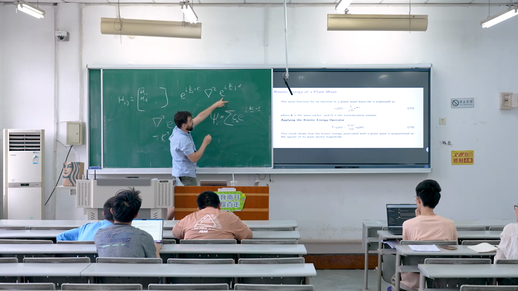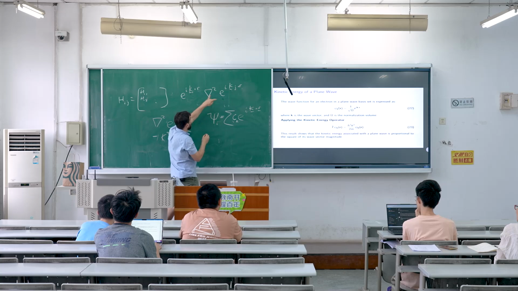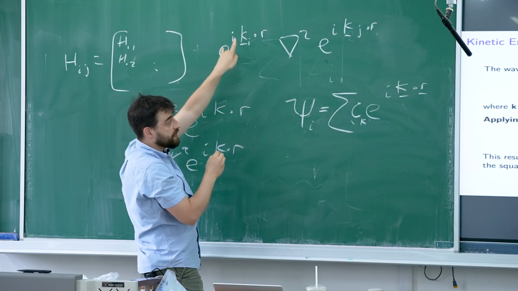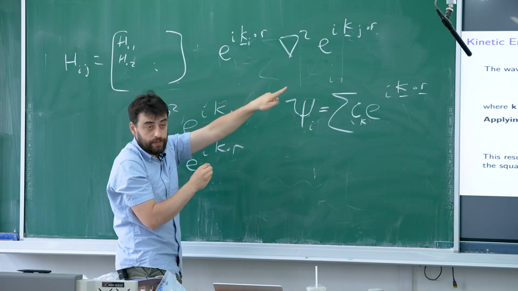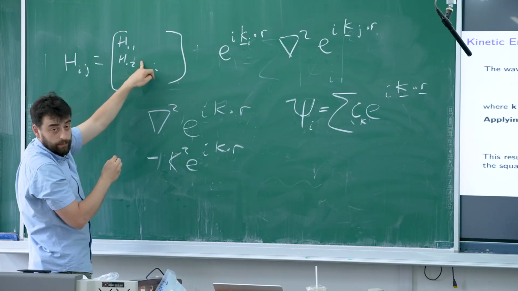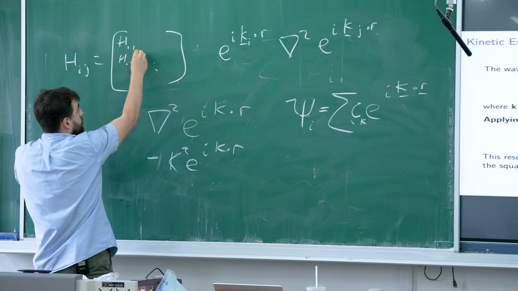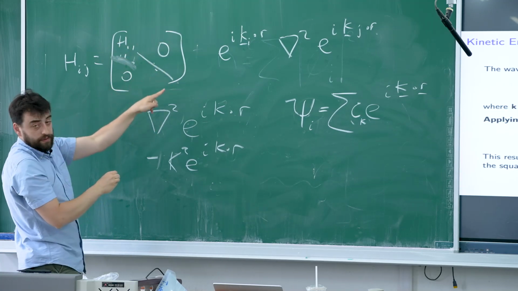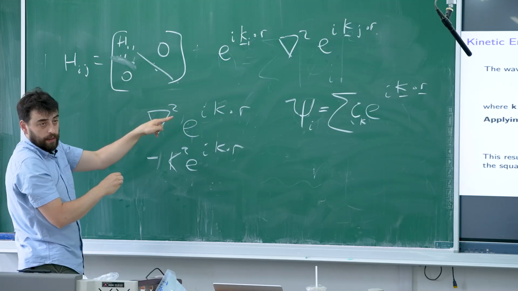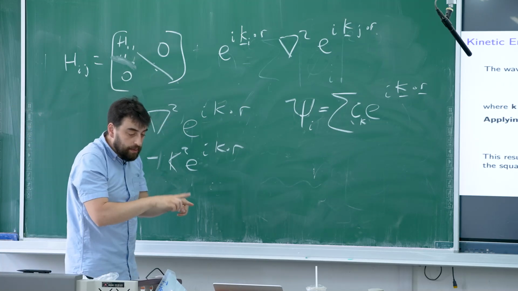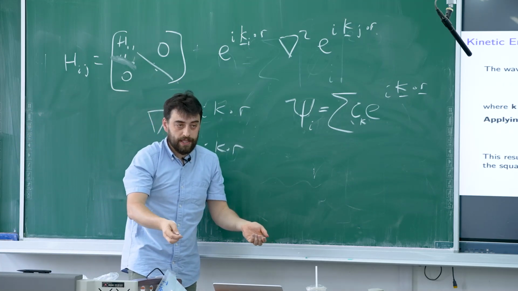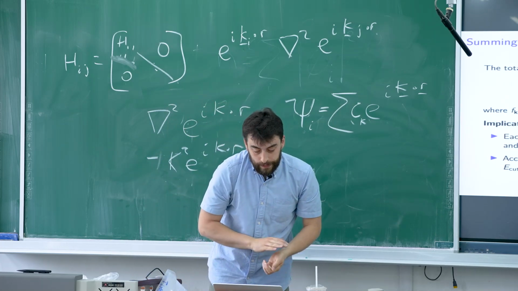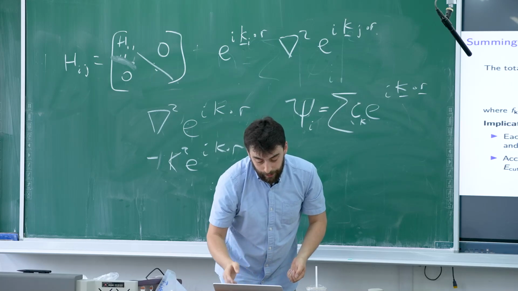Because our plane waves are orthogonal, if i and j are not equal, this whole thing is 0. Which means that our Hamiltonian matrix in a plane wave basis is diagonal, and we do not have to worry about off-diagonal terms. Okay, so everything becomes easier when you use a plane wave basis set, and faster.